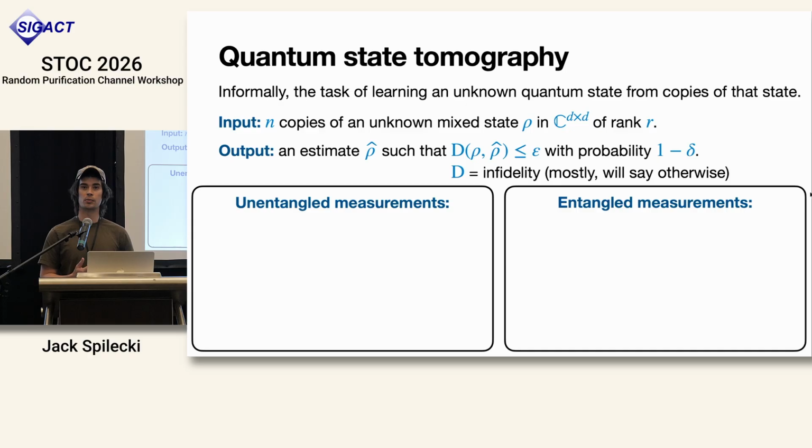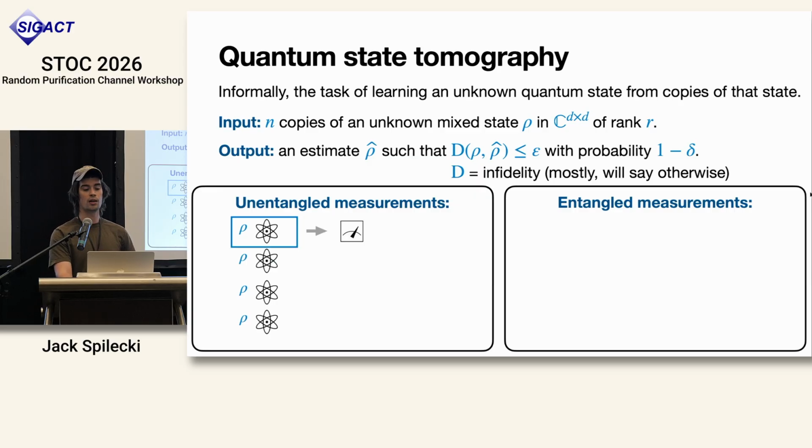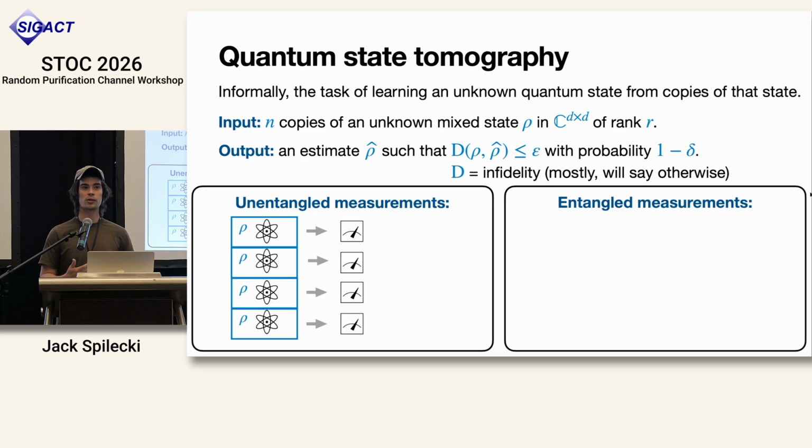With unentangled measurements, you only measure one copy at a time. So the picture is you have all of your states lined up. You measure the first one and you get some outcome. And then you measure the second one and you get a new outcome, and so on. And then once you've measured all of your states, you piece together all of the bits of information and you use that to produce your estimate.